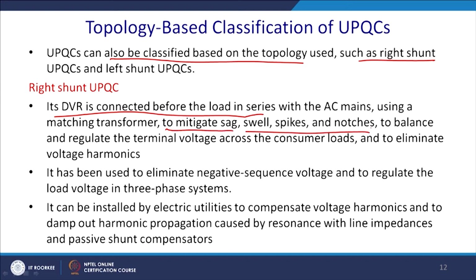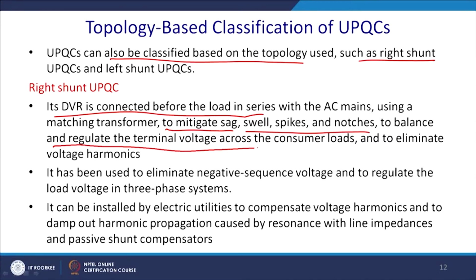So, that voltage part gets cleared up by the DVR, to balance and regulate the terminal voltage across the consumer load and to eliminate voltage harmonics. So, whatever the power quality issue related to voltage, it is cleaned up by the DVR.